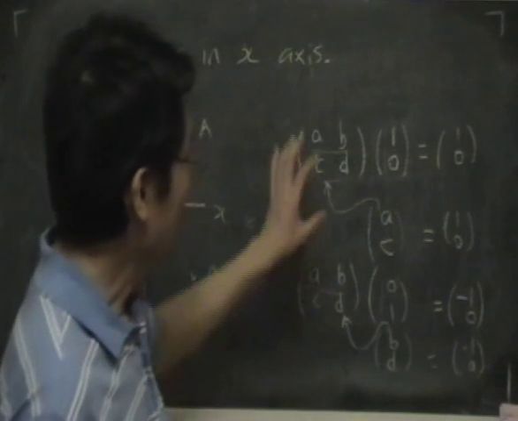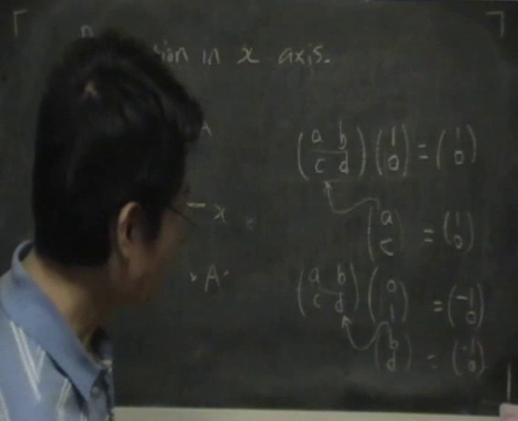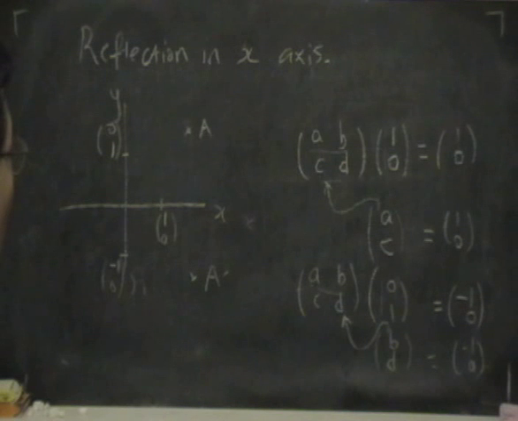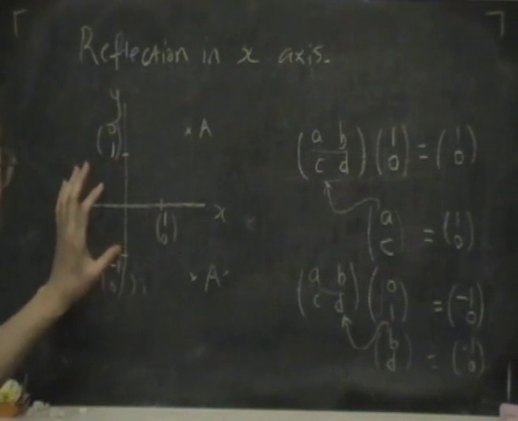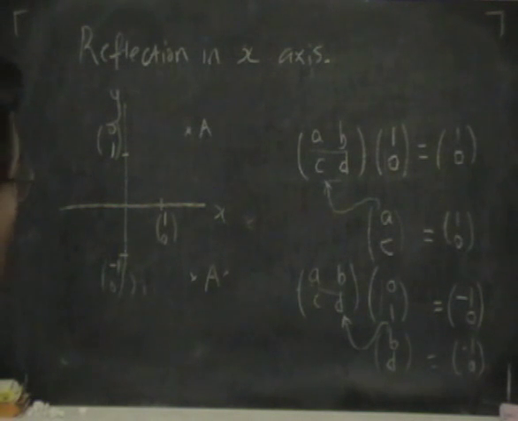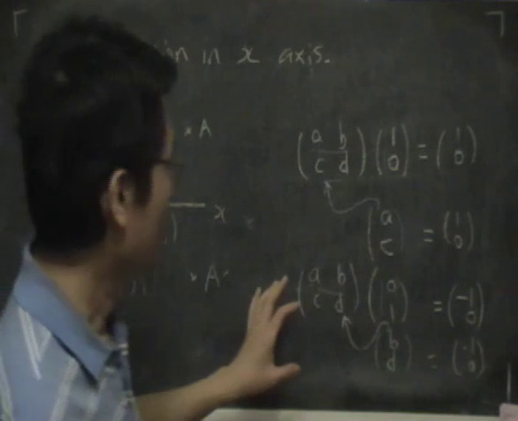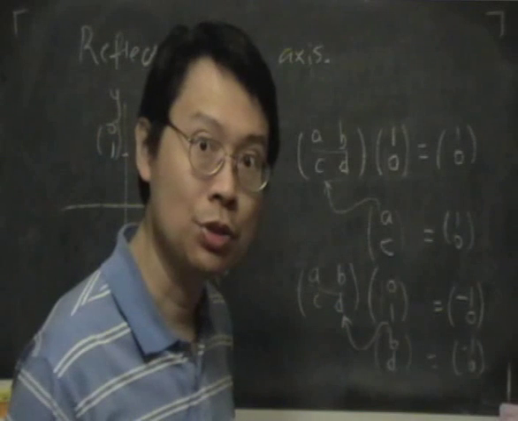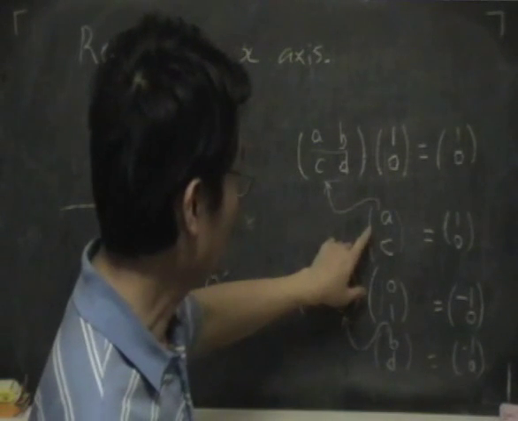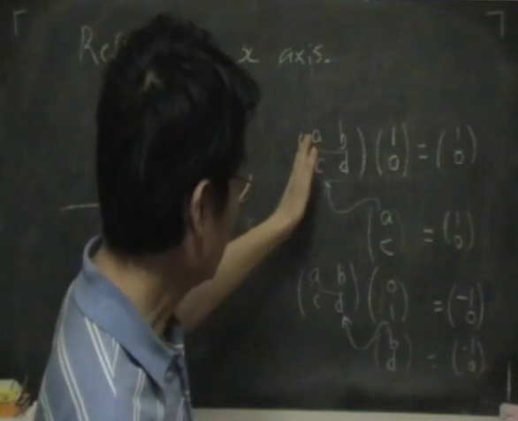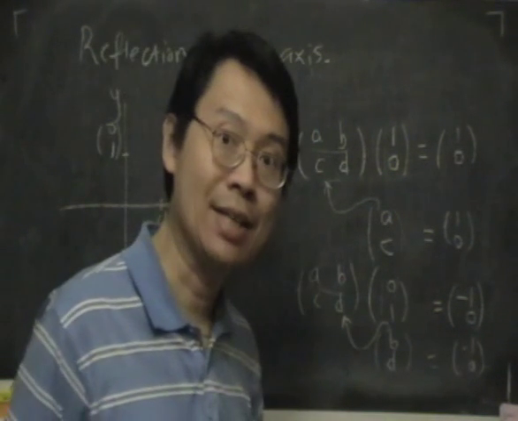So in this example, notice that I have used the points 1 on the x and y axis, and on the left hand side I've done this calculation which gives me one column of the matrix at a time.